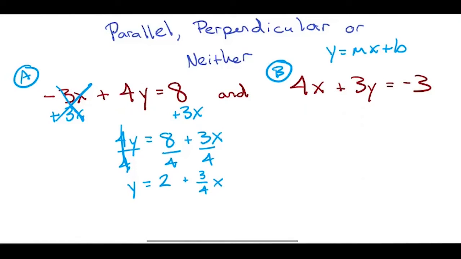Now, I want it to look like the form mx plus b, so I want the x to come first, so I'll do y equals 3/4 x plus 2. I want you to notice that m is 3/4 for this one.